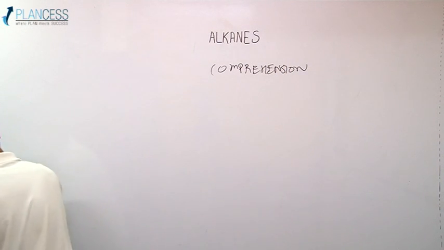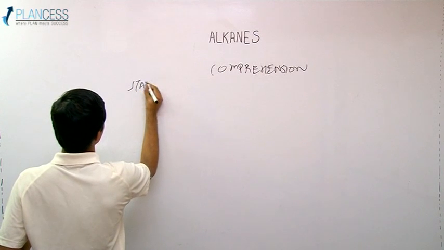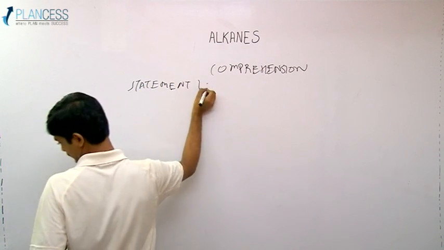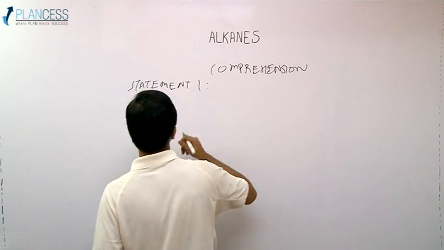So the comprehension, as we all know, consists of two statements. Statement 1: N-butane on heating in presence of AlCl3 gives isobutane.